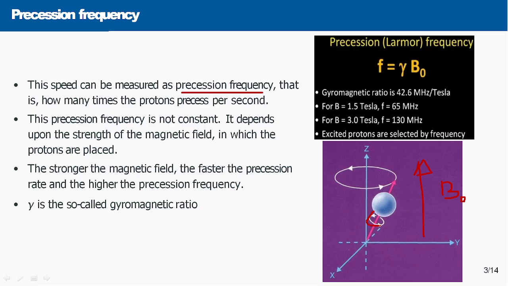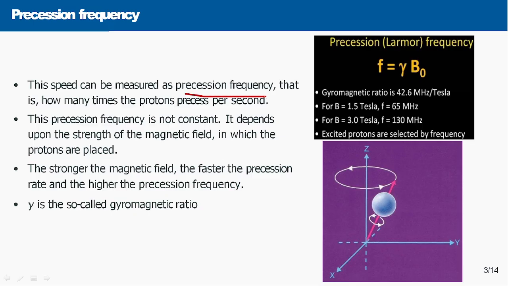It is spinning around its axis, and it is not frozen, it is also moving with time. Sometimes it will be at this position, sometimes at that position. So it is moving continuously. We call it a wobbling action.